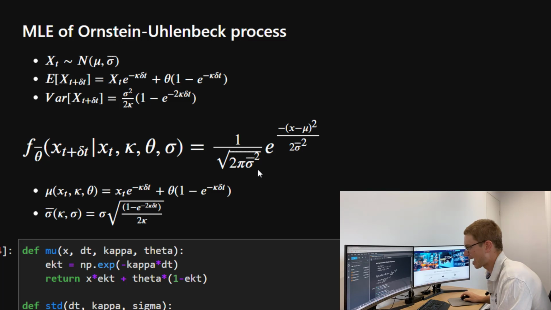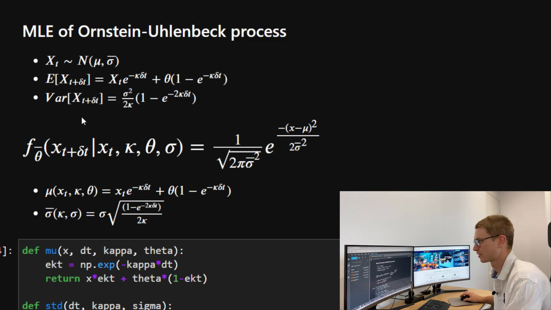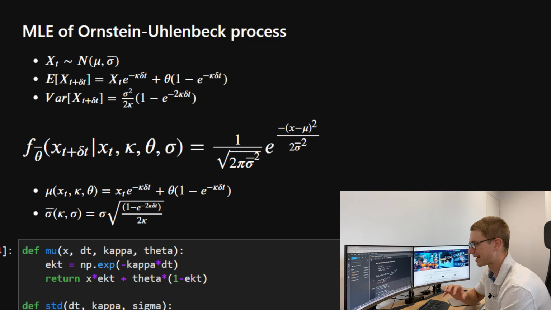Now, the sigma hat here is going to be the standard deviation from this variance that we've defined, which is just sigma times the square root of these terms here. And then the expectation, the mu hat, is going to be equal to this expression, the expectation of the Ornstein-Uhlenbeck process. So we have a normally distributed variable, but now in terms of our parameters, with a different expectation and a different variance estimator.